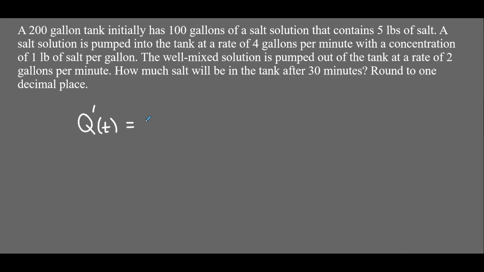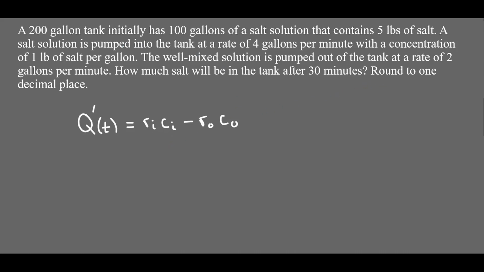The rate going in is the solution rate going in times the concentration of salt in that solution, minus the rate of the solution going out times the concentration of salt going out. If you multiply the rate times the concentration of salt, you get the amount of salt going in and out, okay? And all that's given here.